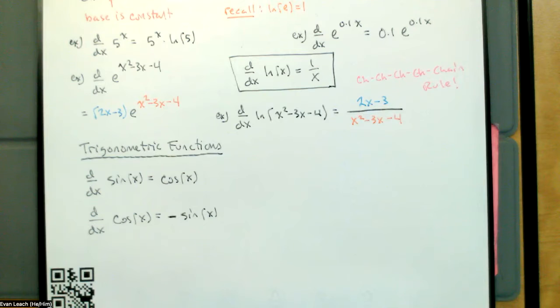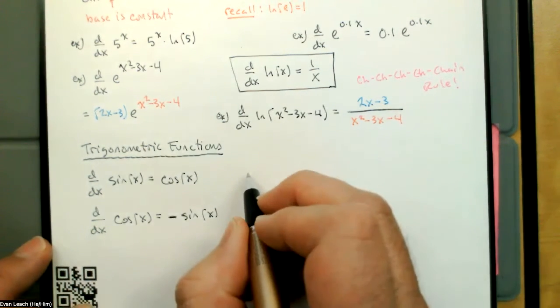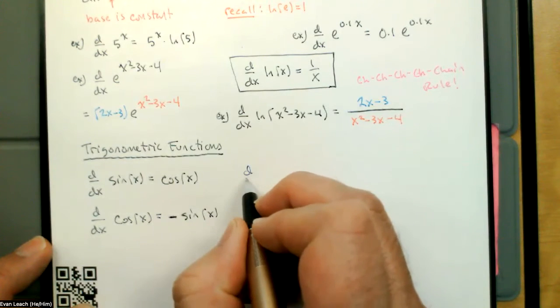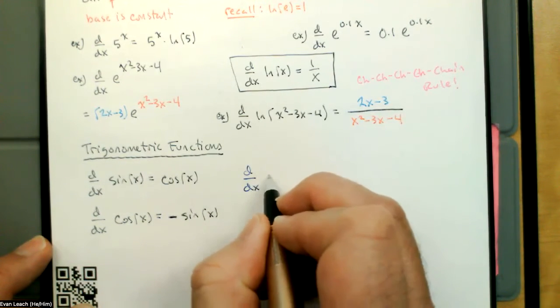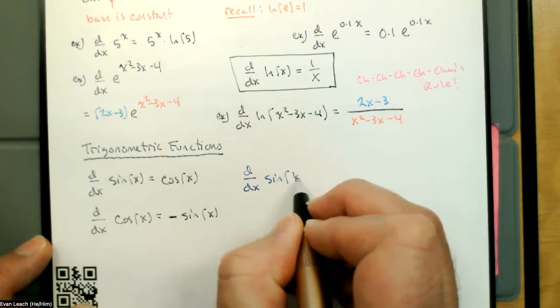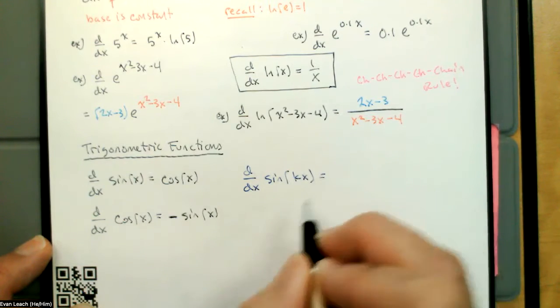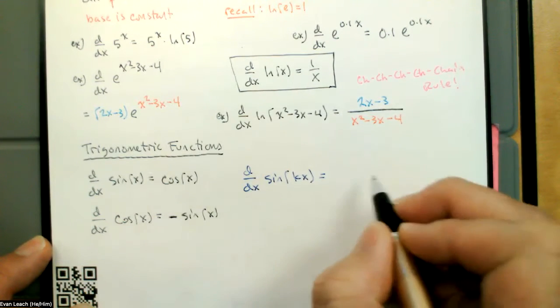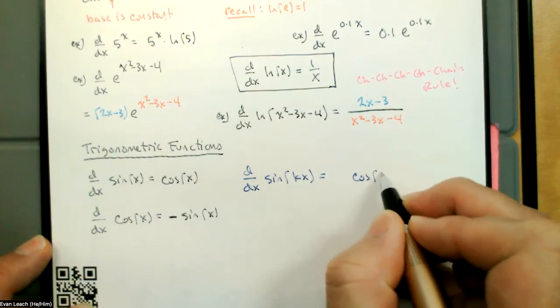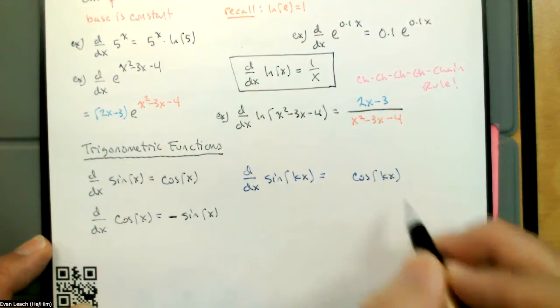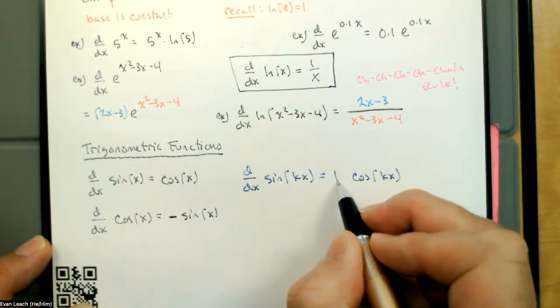We should keep in mind our chain rule that is always in effect and look at the slightly modified kx version. The derivative of sine of kx is cosine of kx times the derivative of kx, which is just k.